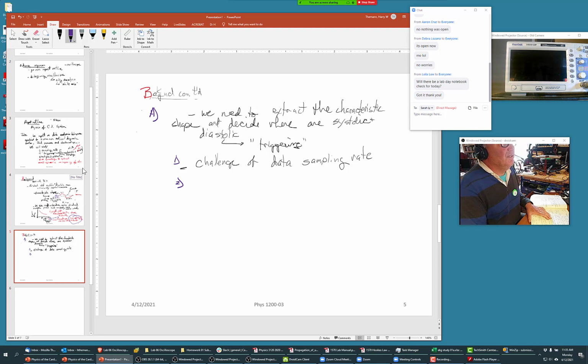We have the challenge of the data sampling rate, and then a background subtraction. And the background subtraction would typically be a fit to the background.